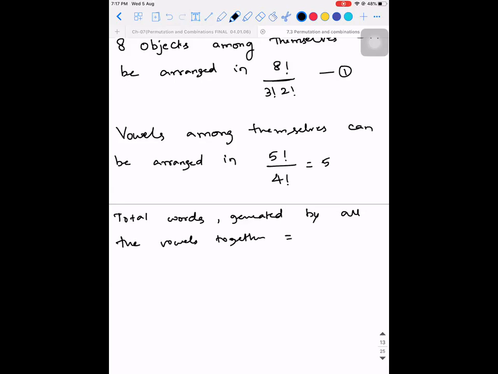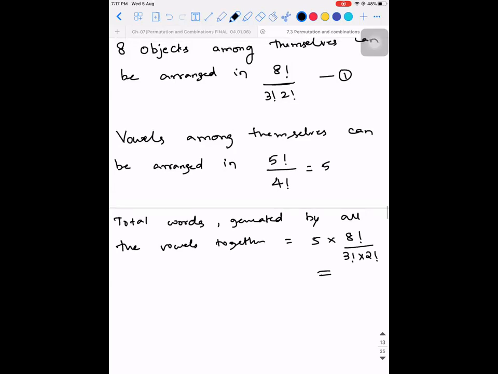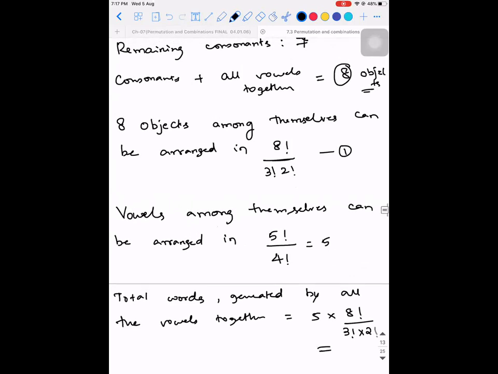It is 8 factorial by 3 factorial into 2 factorial into 5. That's it. Is it clear? So 8 factorial by 3 factorial into 2 factorial into 5 will give you the answer. I hope it is clear, everyone. If there is a doubt, get it clarified.